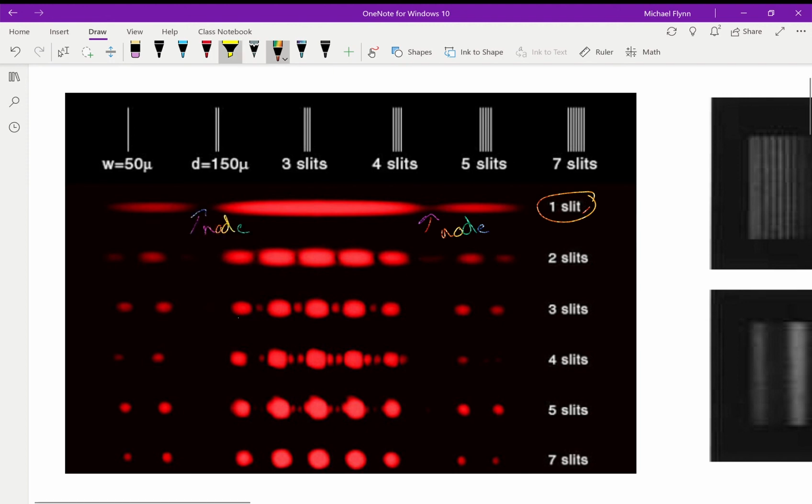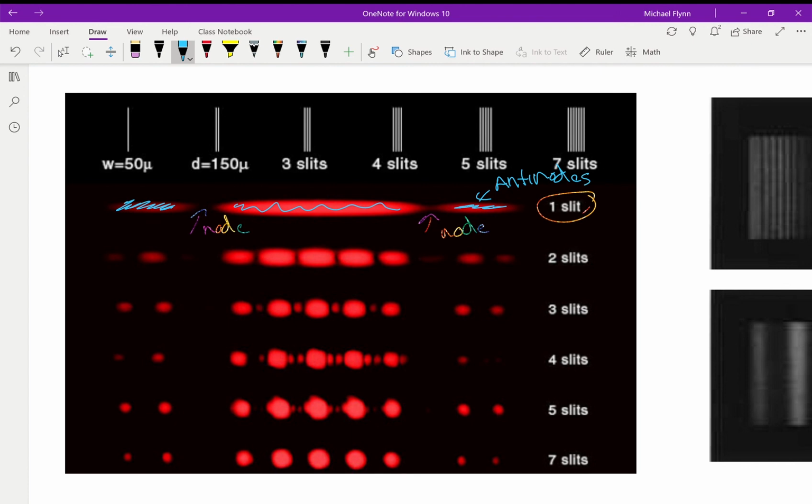These here, I'll color them yellow. And by the way, this big one here, these are antinodes. There's really no mistaking it. It's interference from one slit.